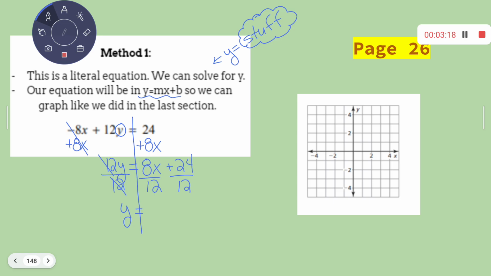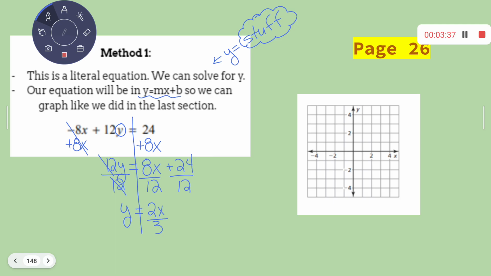8 over 12 is a fraction that can be simplified. Either use your calculator or think 4 goes into 8 2 times. 4 goes into 12 3 times. So I'm dividing top and bottom by 4. So we want a simplified fraction.